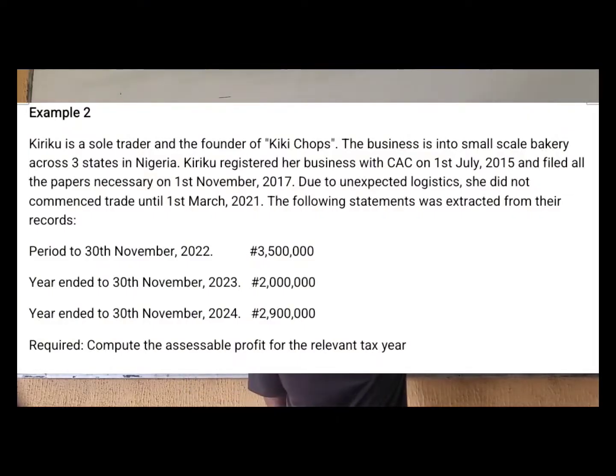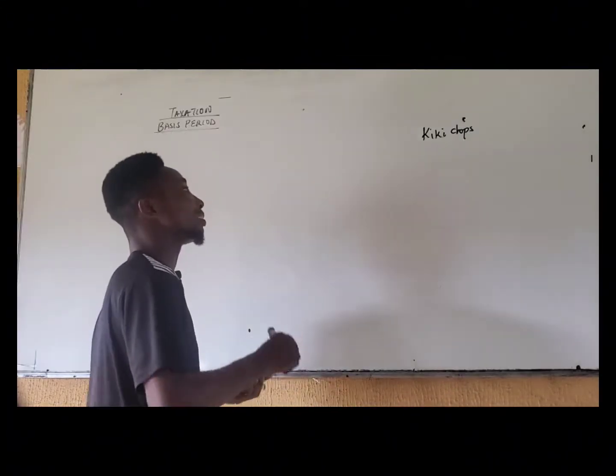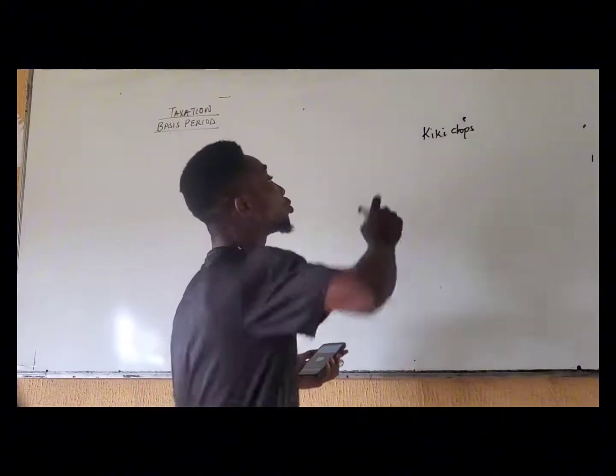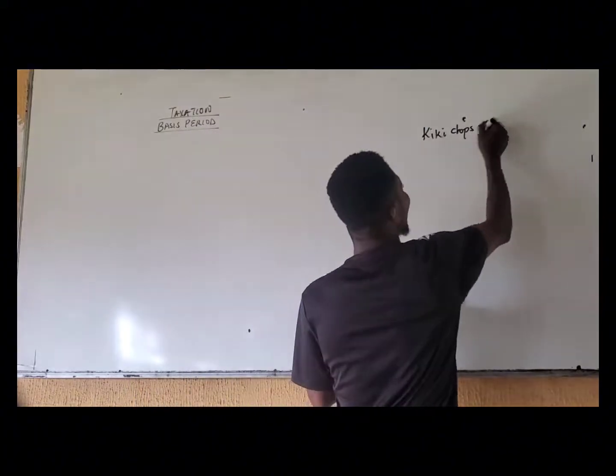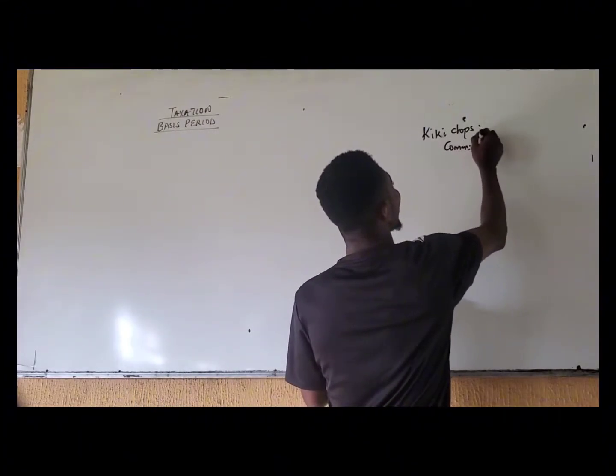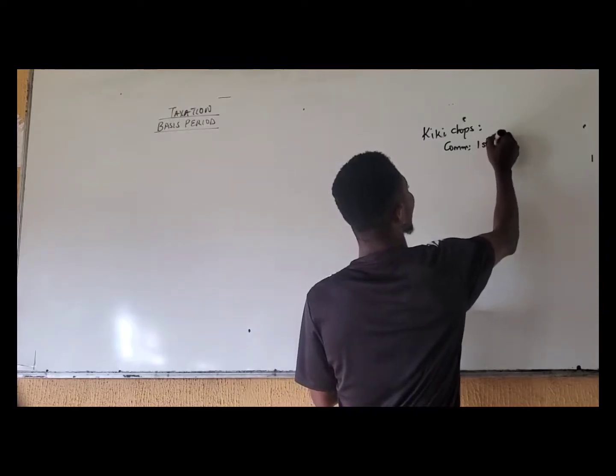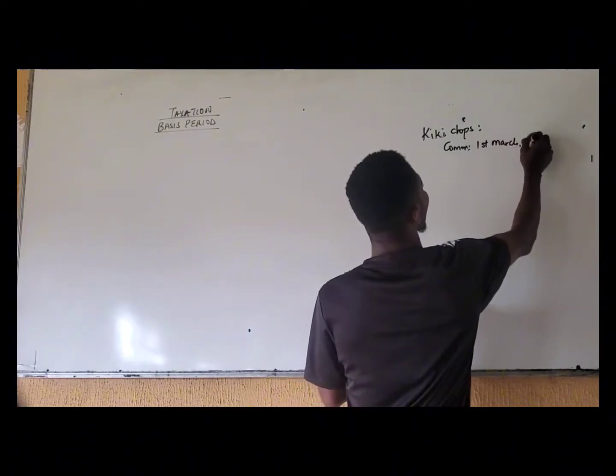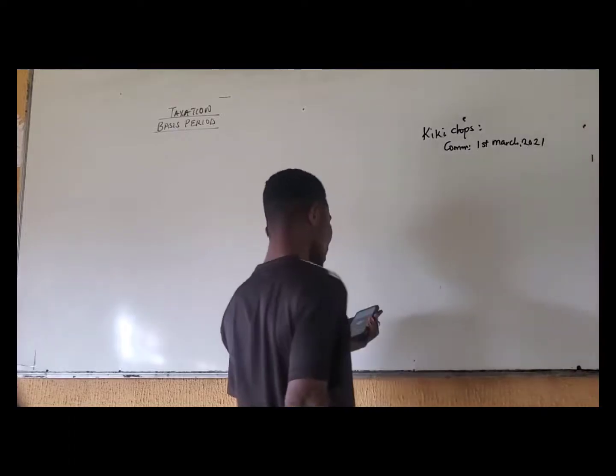So, Kiki Shops started business when? Leave all those many stories. We are told that they registered with CAC, they did not commence until when? When did they start operation? They commenced 1st of March 2021.